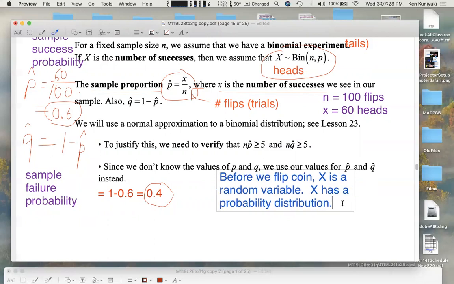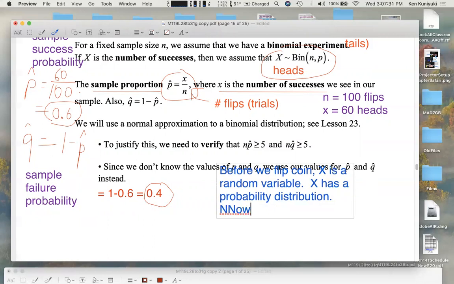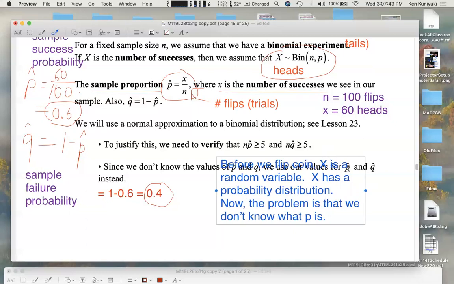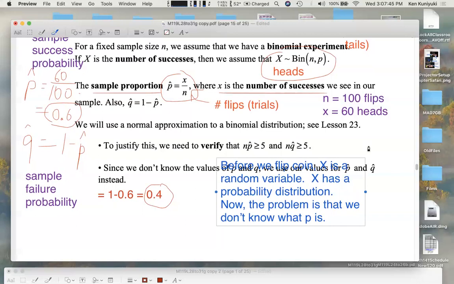But here's the problem now. Back in lesson 23, I basically let you assume that p was 0.5 in the event of a fair coin, or that p was 0.6 or 0.7 or whatever. But the problem now is that we don't know what p is.